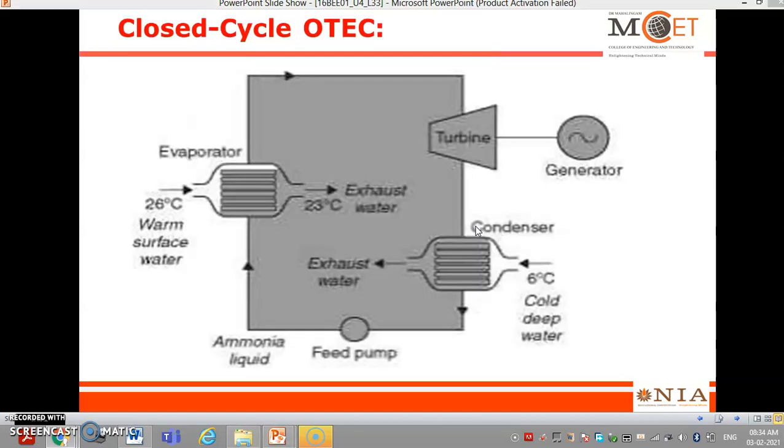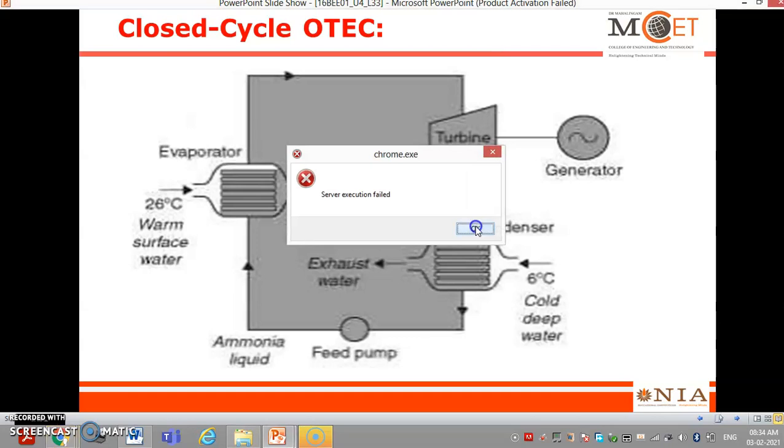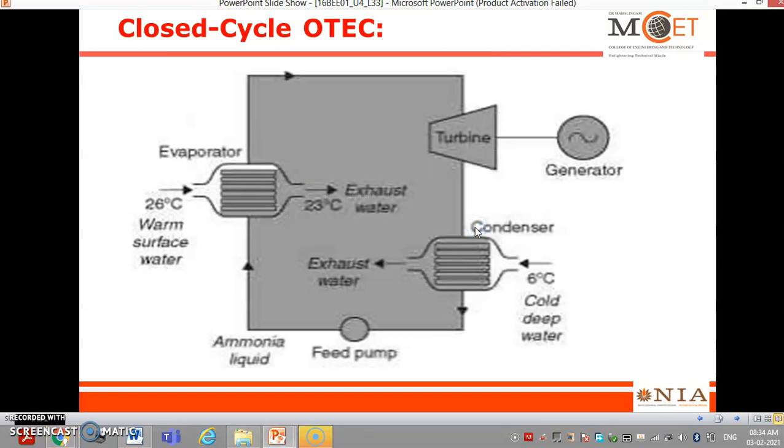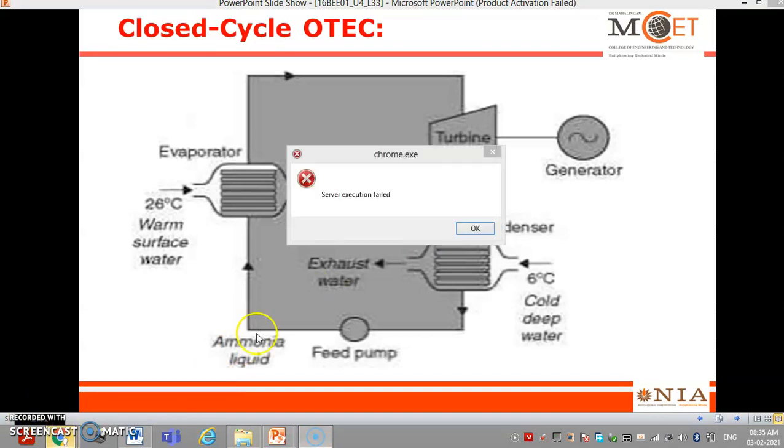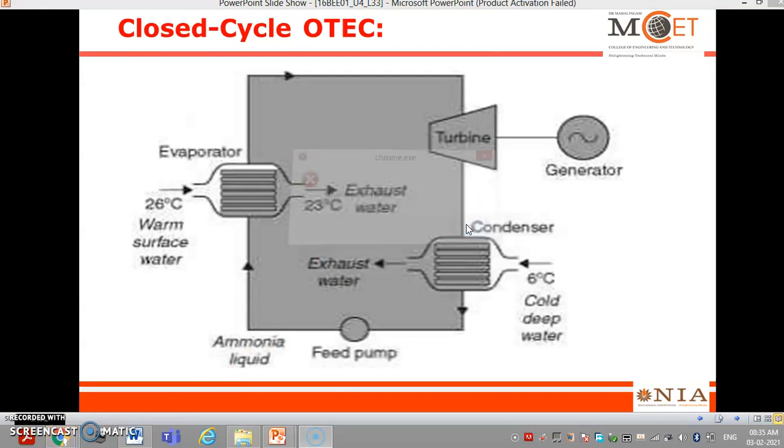This is the closed cycle system pictorial representation. 26 degrees centigrade warm surface water has been given to the evaporator. The output of the evaporator is 23 degrees centigrade exhaust water.